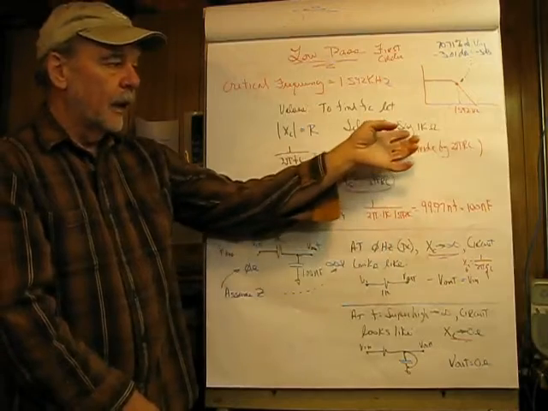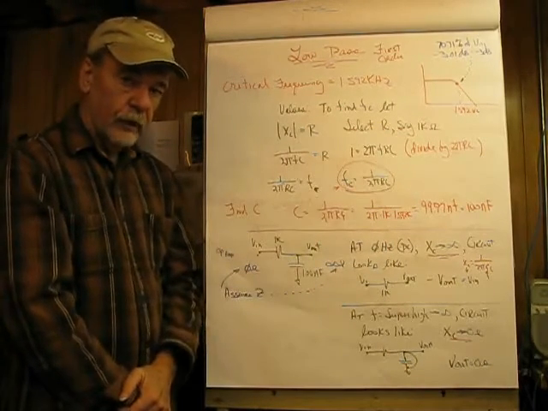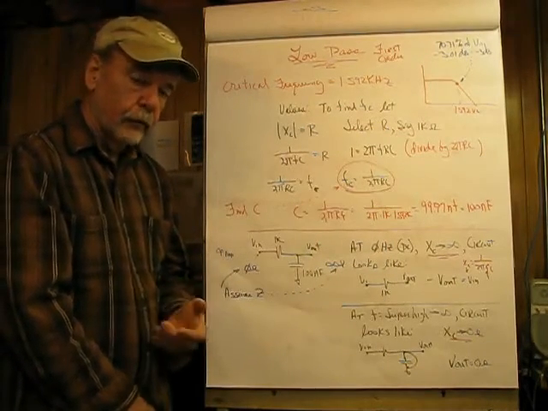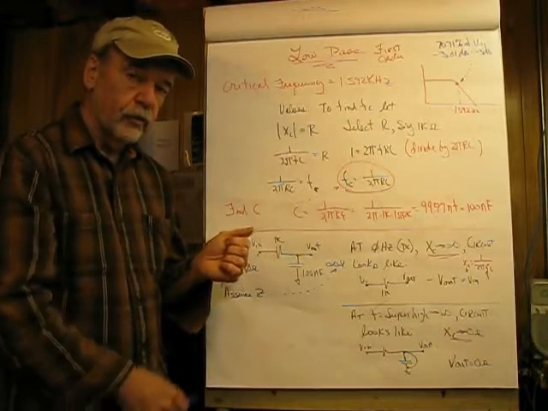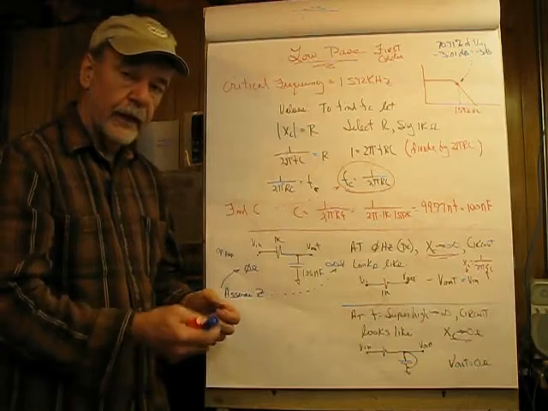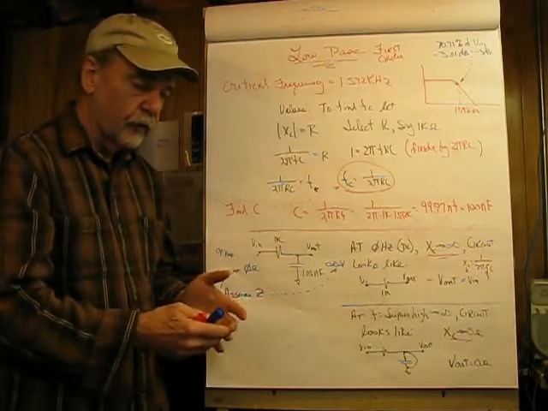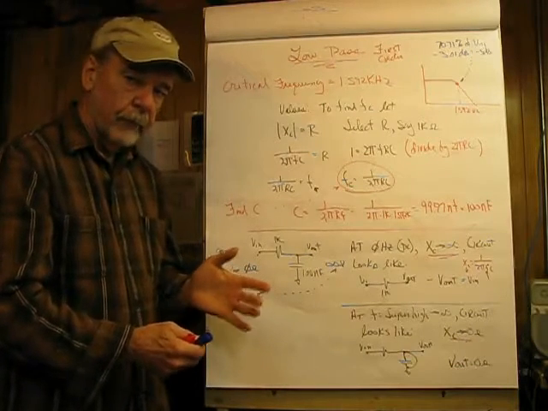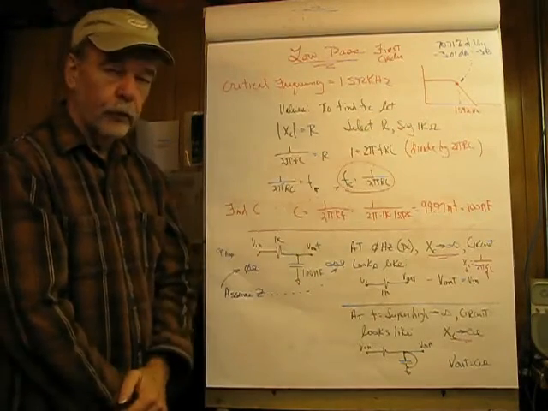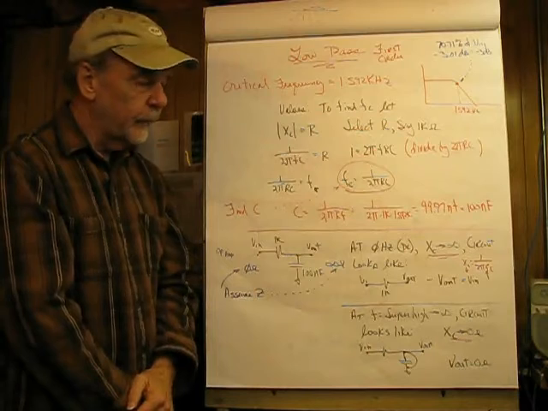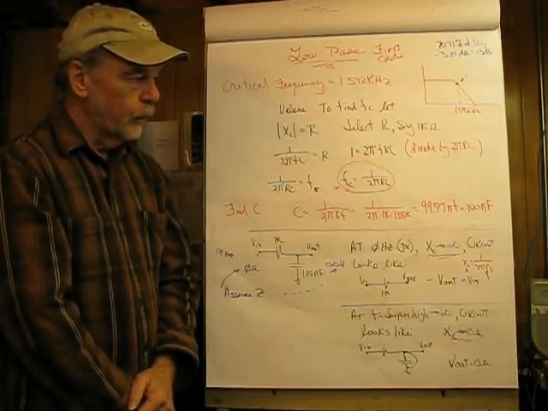Now, making R too low means that the electronics associated with it may have a difficult time driving it. And making the impedance too high means it's subject to electrostatic and electromagnetic interference, principally electrostatic. So we try to search for the sweet spot here, and it's sort of relative. It, again, depends upon the circuits we're working with.